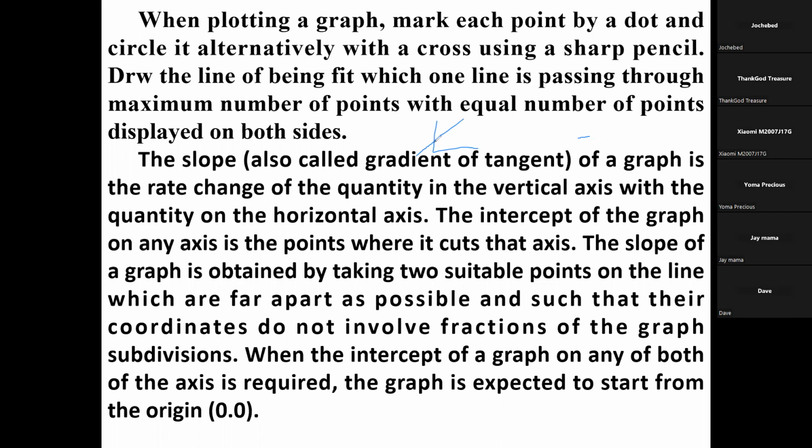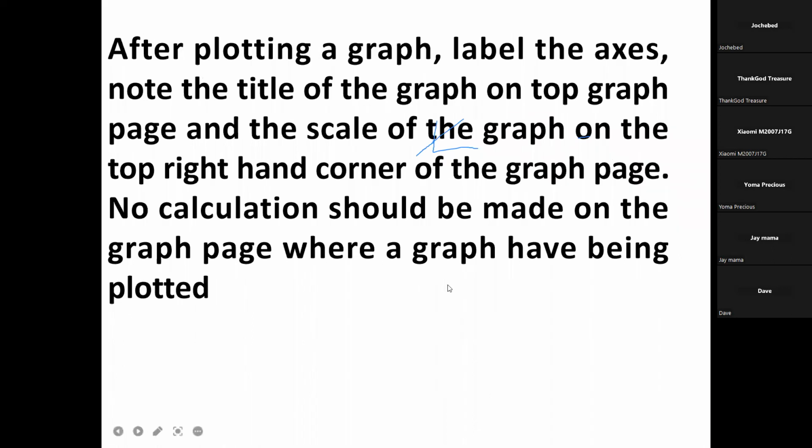This point where it cuts across the y-axis is called the y-intercept. It can be 2 centimeters, 2 seconds, depending on what we are plotting against each other. For instance, if I'm plotting T against L, the y-intercept will simply be 2 seconds if the line cuts across number 2.